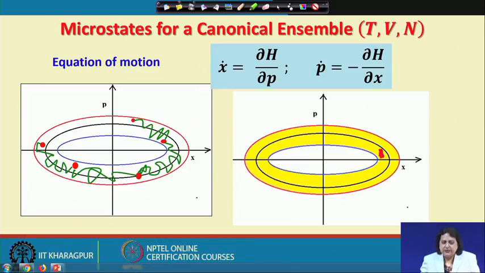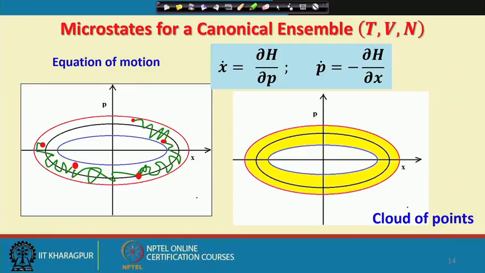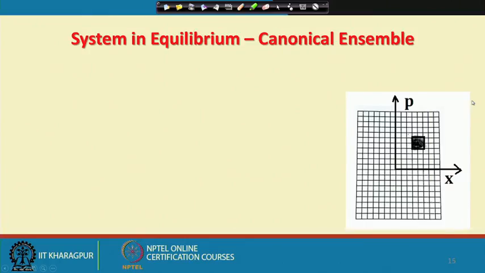So, it is very important to understand the representation of the dynamical evolution of the system as a cloud of points in the phase space. That is an interesting consequence of this.